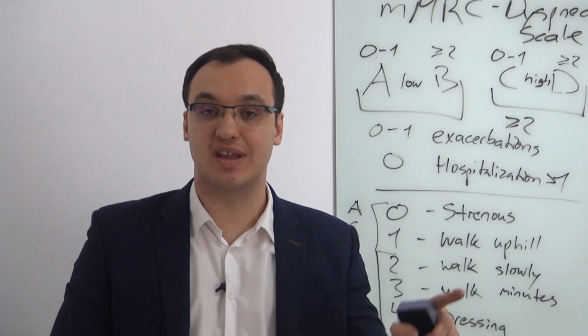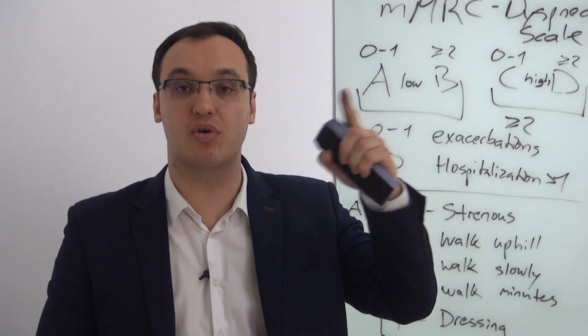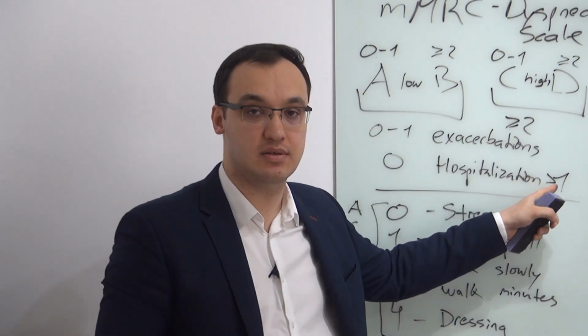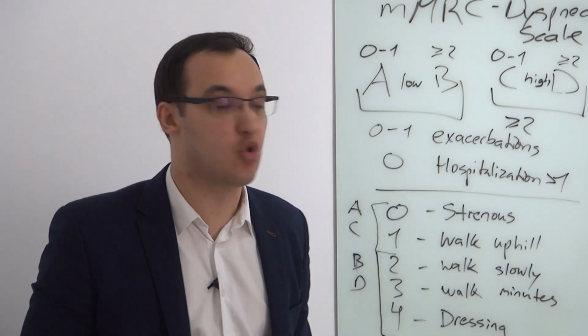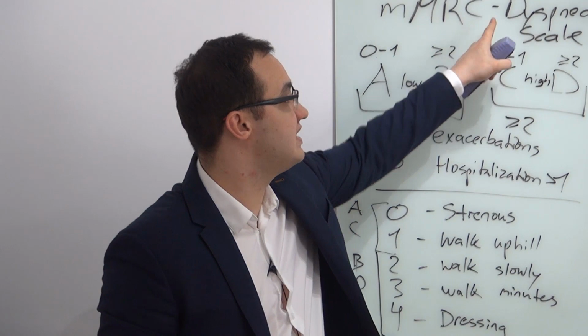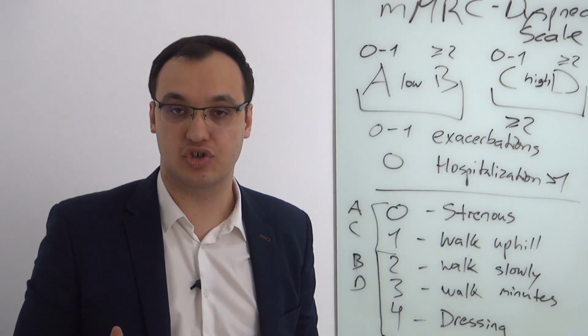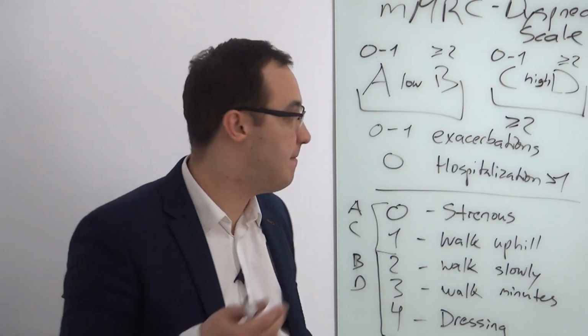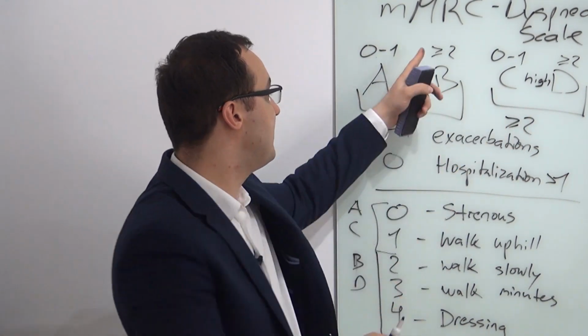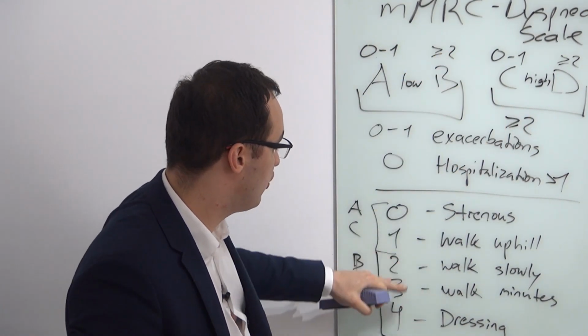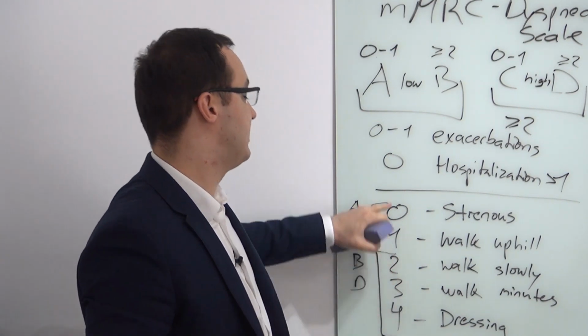C and D are those that had 2 or more exacerbations or were in the hospital more than once. Then I group the patients into the other classification system, which is called mMRC, the Modified Medical Research Council dyspnea scale. Based on that, I can differentiate between A or B or C or D, based on whether they were more than 2 points or less than 2 points.